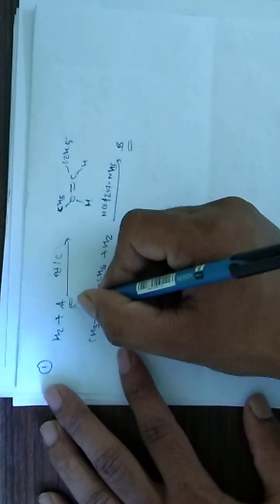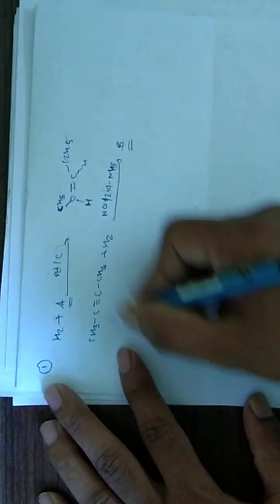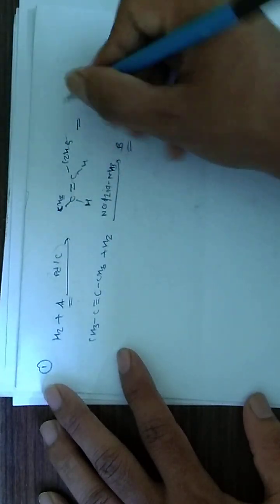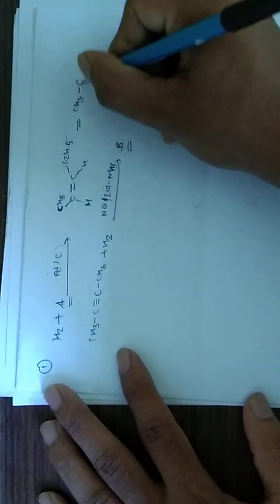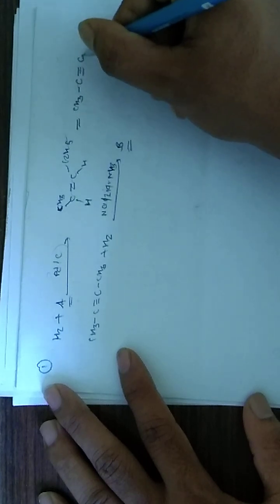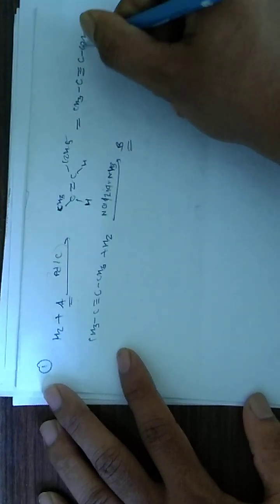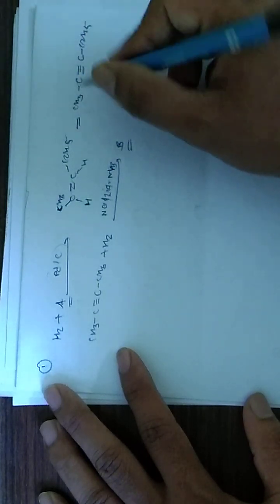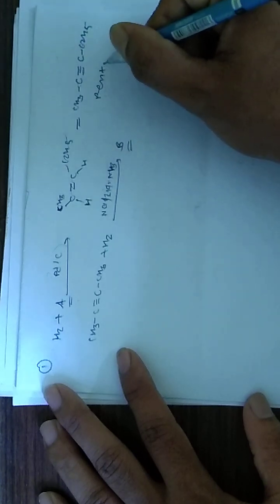So what should A be? From the product we can write CH3 C triple bond C C2H5, that is 1 2 3 4 5, 2-pentyne.